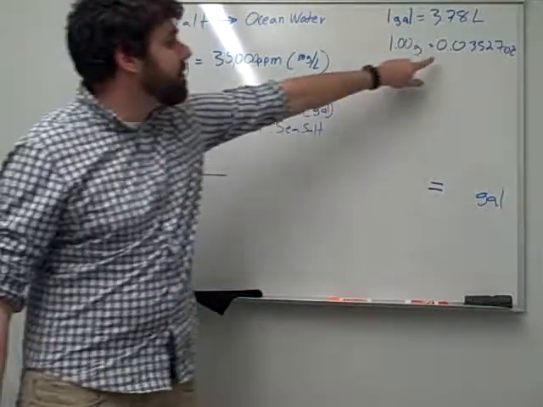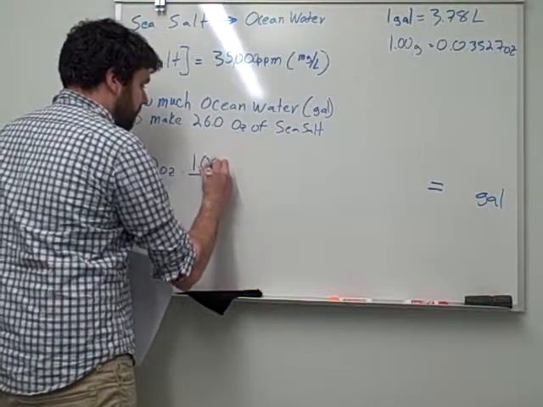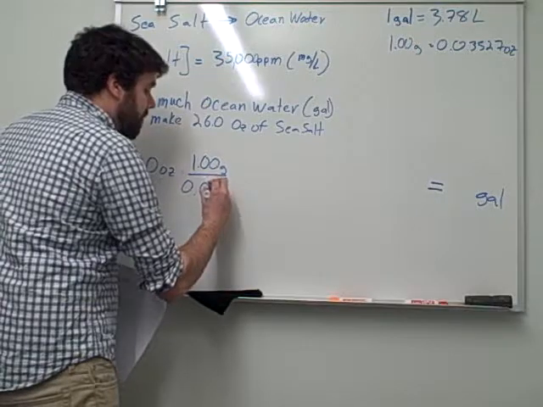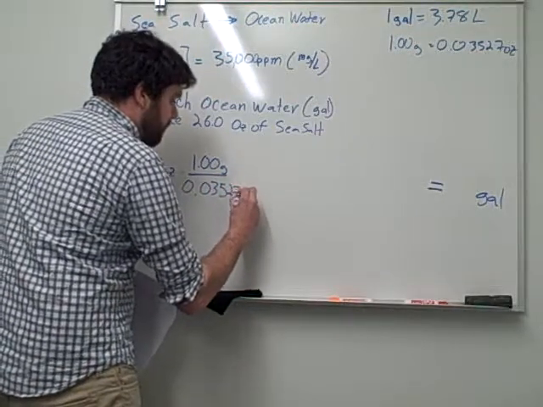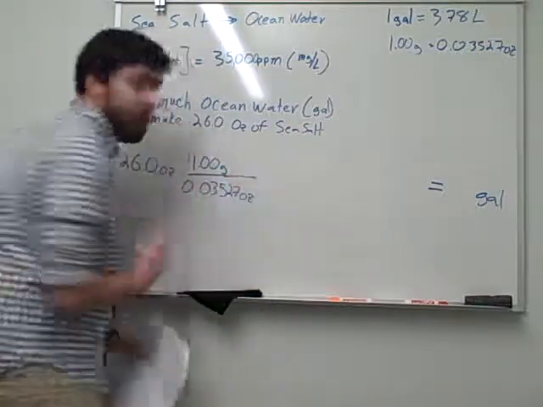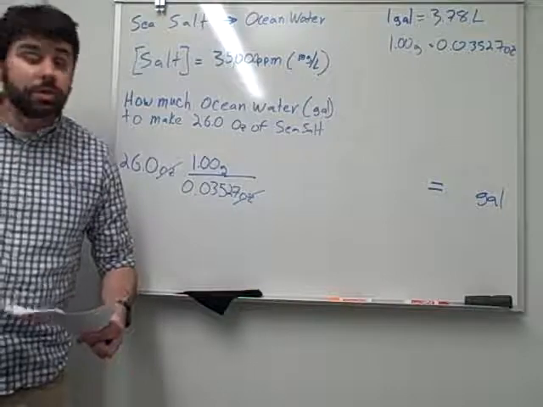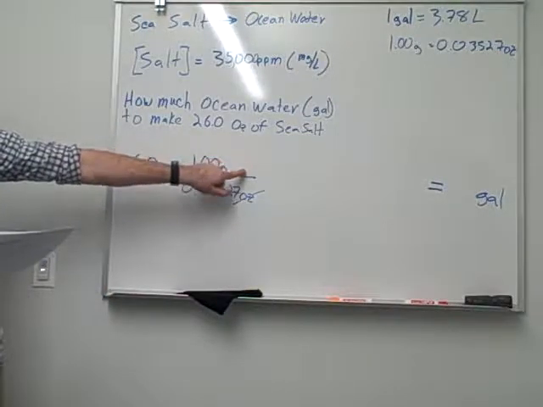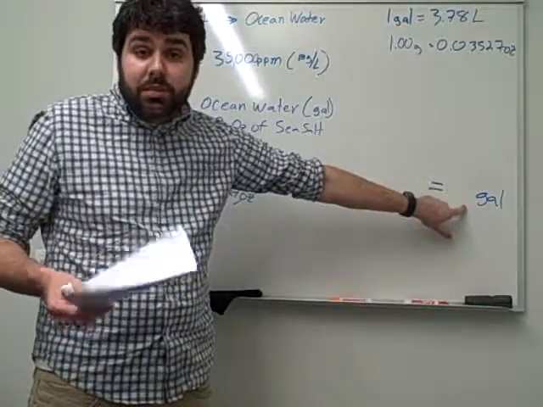Luckily, we give you that conversion right here. So 1 gram equals 0.03527 ounces. Numerator and denominator ounces cancel, and what we're left with now is how many grams would equate to how many gallons that we're going to need.